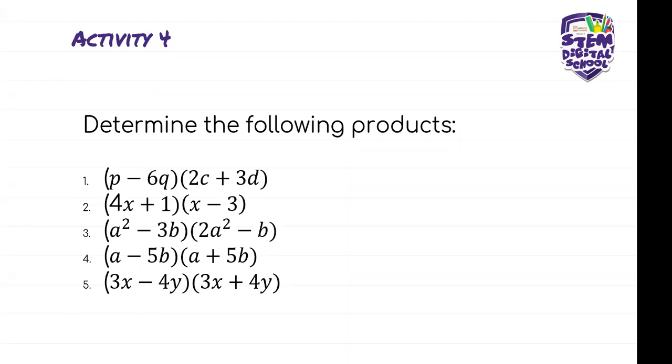Remember, I said first things first, you need to multiply a P with the entire second bracket, and thereafter you take a negative 6Q, and then again you multiply that with the second bracket. Can we just proceed with that? I'm just going to give you a chance to do that. Let's do that.